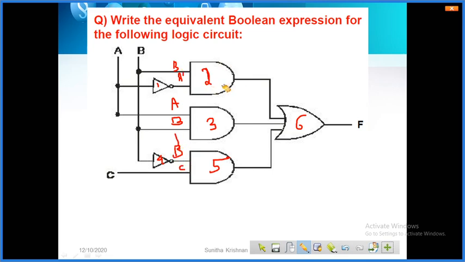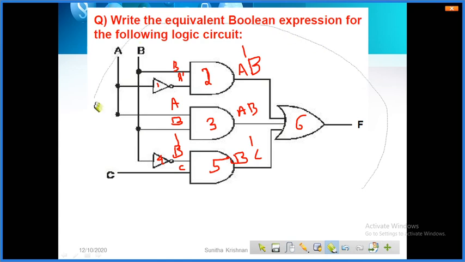So what will be the output of this one? Since it's an AND gate, you will get A dash B. Here you will get direct AB since it's an AND gate. Here you will be getting B dash C. Similarly, all these inputs come here, and since it is an OR gate, all these terms will get added.